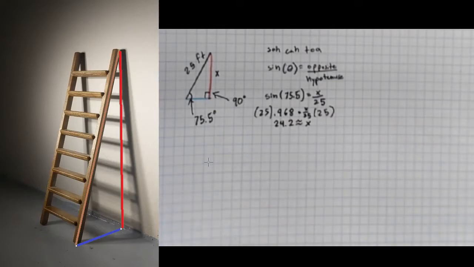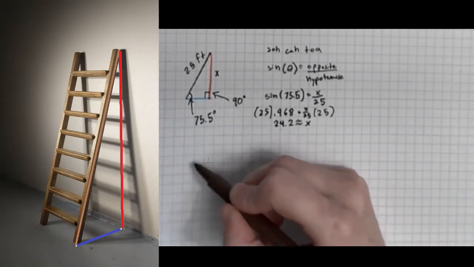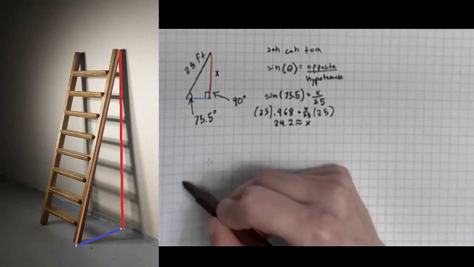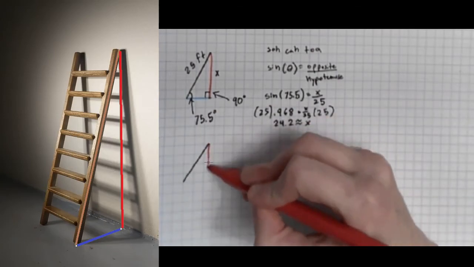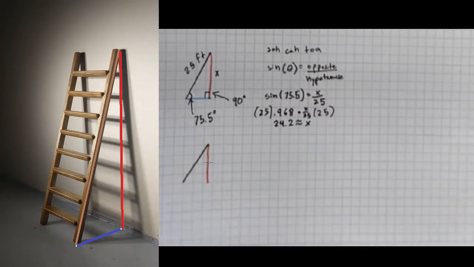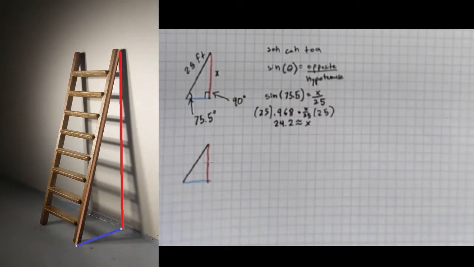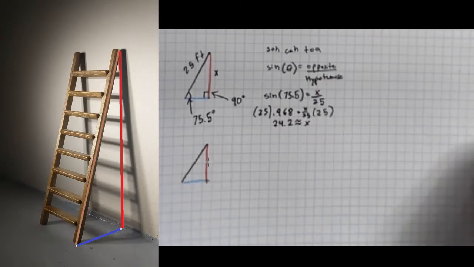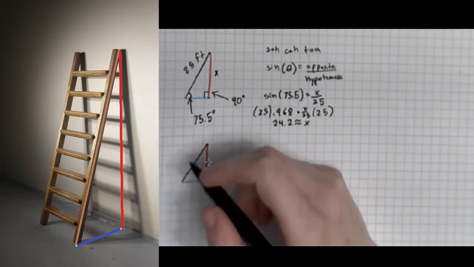So in this case, similar to the drawing from part A, it's going to look like this, and this. But in this case, instead of finding the height, we want to find the base.